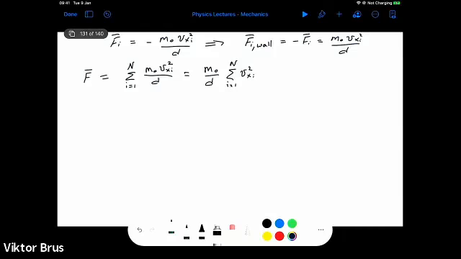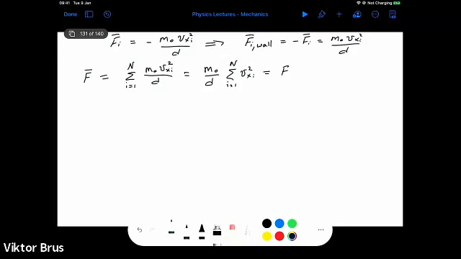Since we have many molecules, this average force will be smooth, because we will have very many collisions per second, and the average force will be actually equal to the actual force which acts from the side of the gas on the wall. So it will be a constant force. That's why we can go from average to just force, F. This comes from the fact that we have very many molecules.